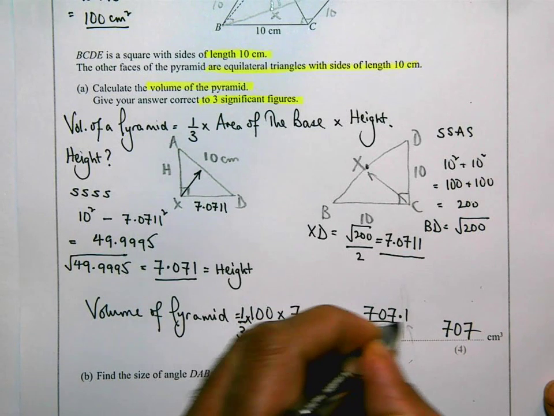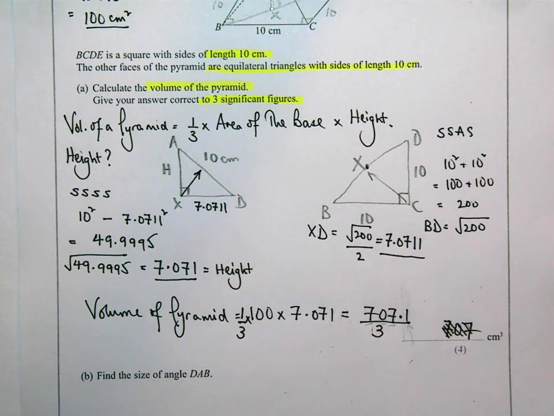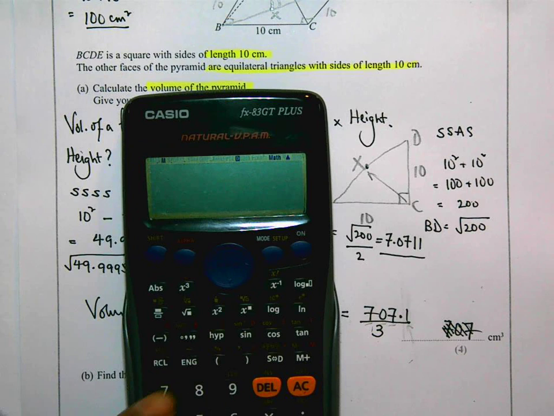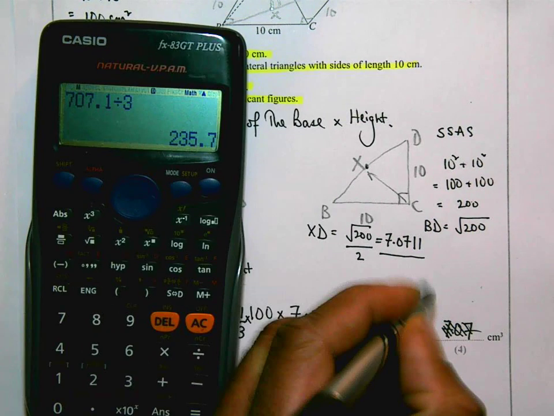So going back to my calculator, 707.1 divided by 3 equals 235.7. Now let's just write that here, 235.7.